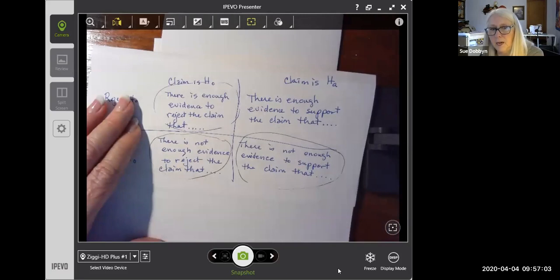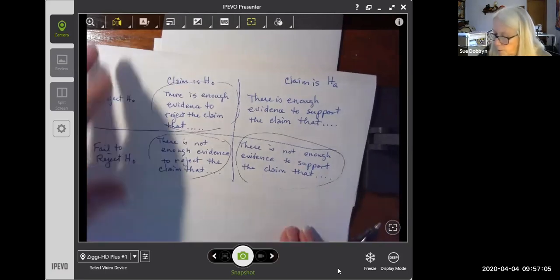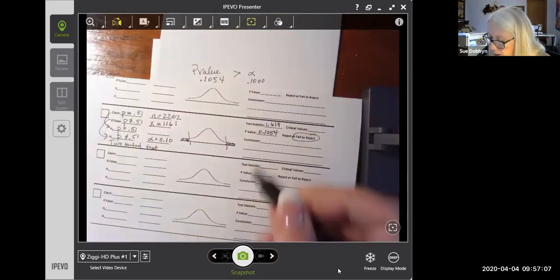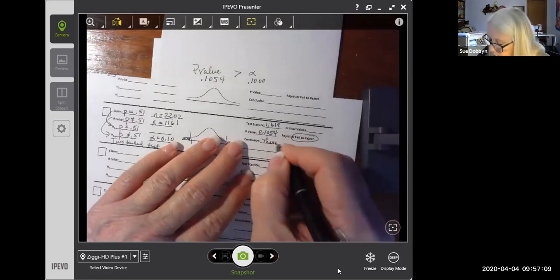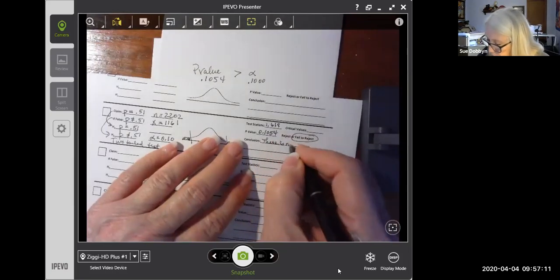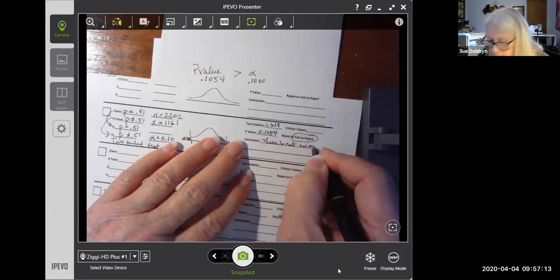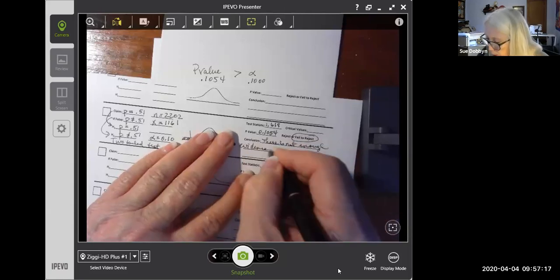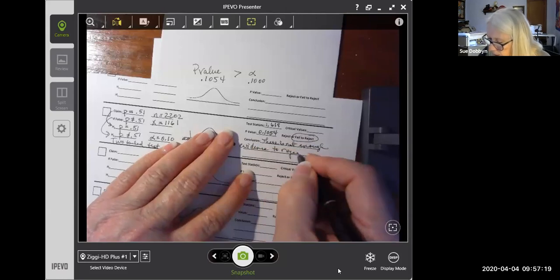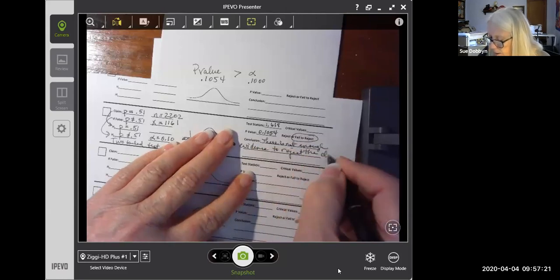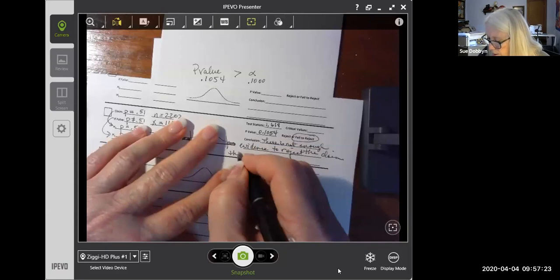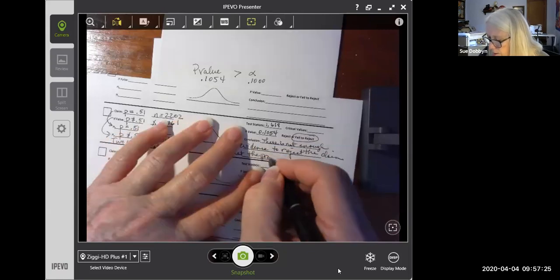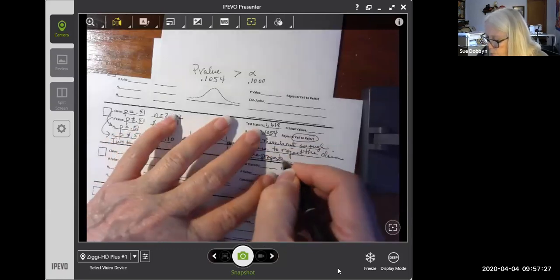All right, so I would say there is not enough evidence to reject the claim that the proportion is 51%.